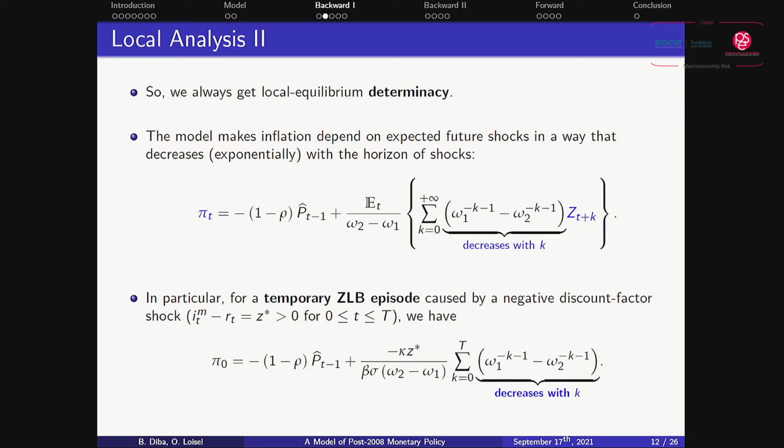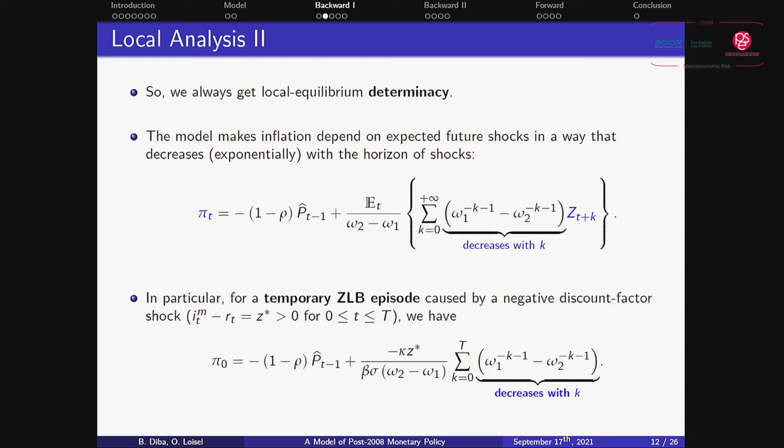So if you consider a temporary ZLB episode that is caused by a large negative discount factor shock that cannot be fully offset by a cut in the policy rate, so the difference between IMT and RT is positive, and that lasts for cap T periods.